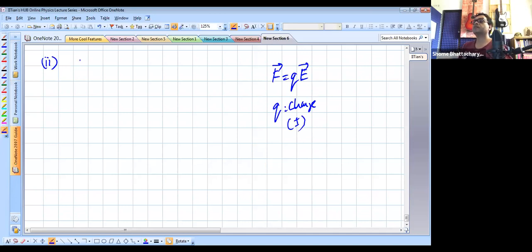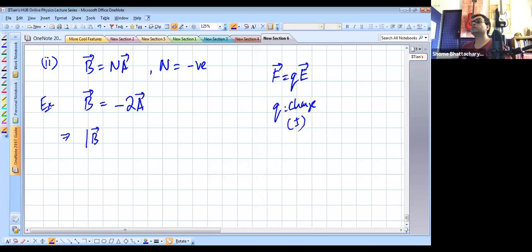Okay, so if we have in the equation B is equal to N times A, N a negative quantity, for example suppose B is equal to minus 2 times A. So N is negative, as you can see. What this means is that the magnitude of B will still be 2 times the magnitude of A. When I'm looking at magnitude, I will not say minus, because magnitude does not have an algebraic sign.